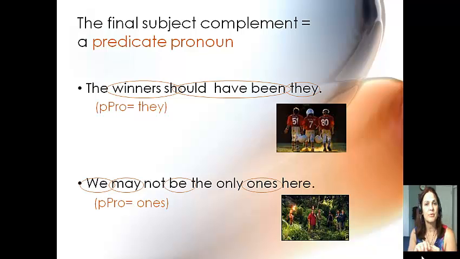And then we have predicate nouns, predicate nominatives, if the word is a noun. Okay, so you have predicate pronouns, predicate adjectives, and predicate nominatives. Now you're going to have to identify subject complements in our exercises both on Canvas and what we do together on Monday. You'll have to identify if they are predicate nominatives, predicate adjectives, or predicate pronouns.